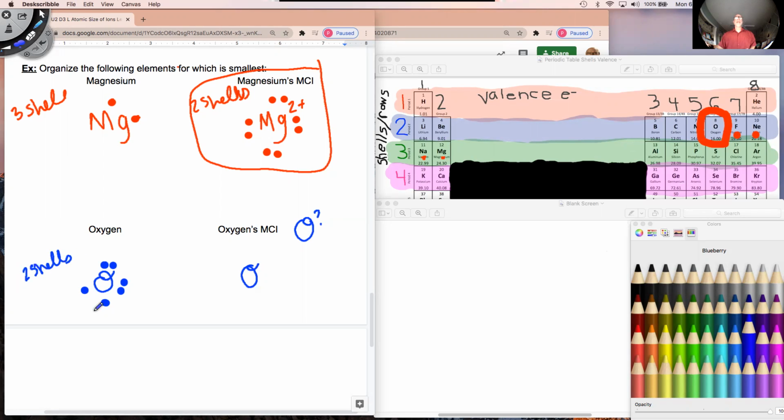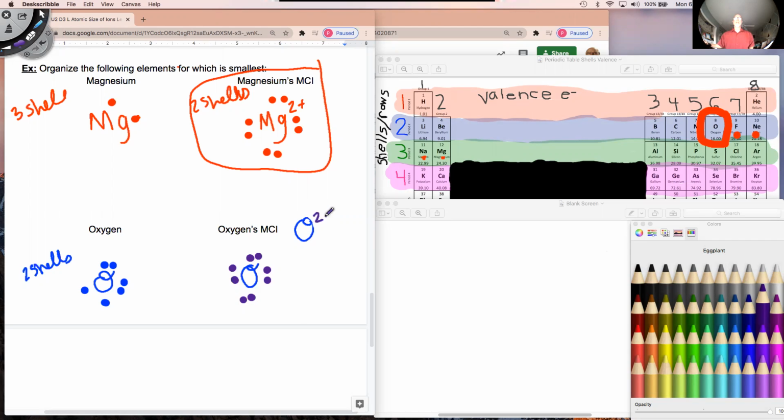But when we move into oxygen's most common ion, let me change the color. That's going to have 1, 2, 3, 4, 5, 6, and it's going to gain 2 more, 7, 8, which means the most common ion for oxygen is going to be 2 minus.